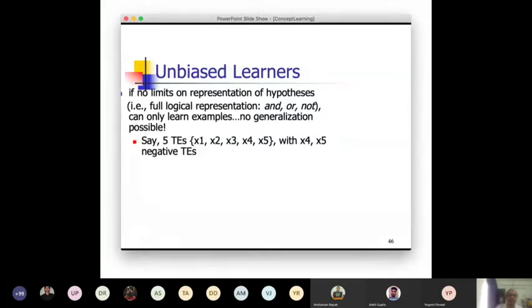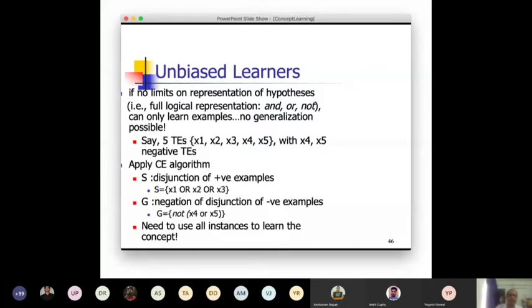If I apply the candidate elimination algorithm without any constraints on the Boolean expressions using AND, OR, NOT, then I can get the most specific set by considering the OR operations over x1, x2, x3, as these are all positive examples. Similarly, for the general boundary, since we will be excluding only the negative examples, I can put all the negative examples by this logic: NOT x4 or x5. Now, these are the two boundaries.